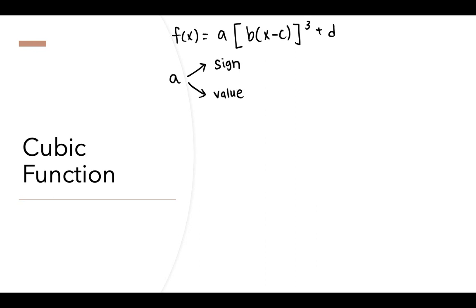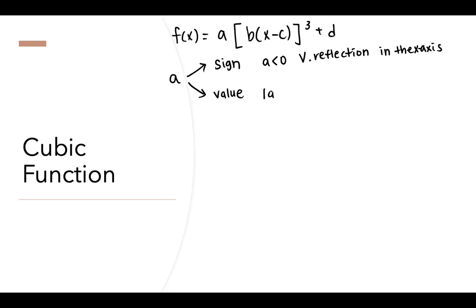If the sign is negative, so if a is less than 0, then we say it's a vertical reflection in the x-axis. But if it's positive, then the graph is just itself. There's no reflection.